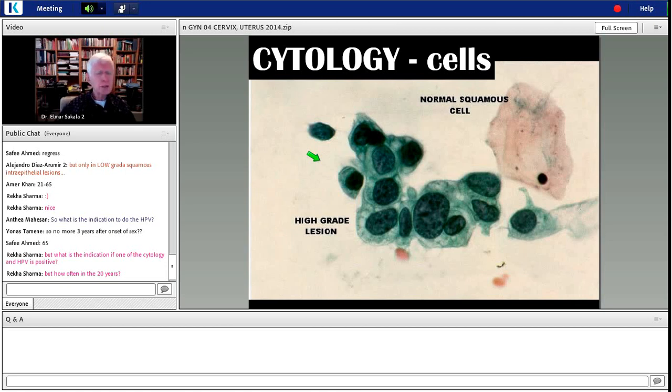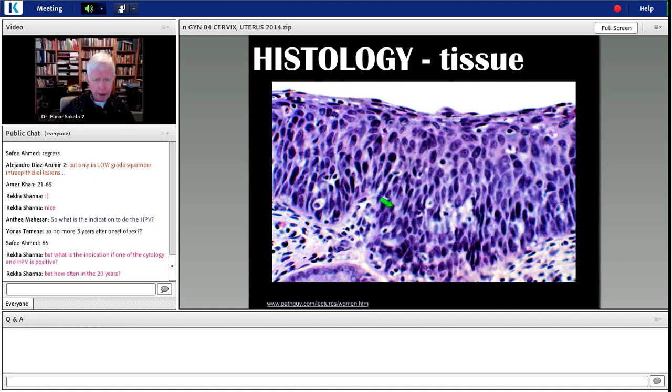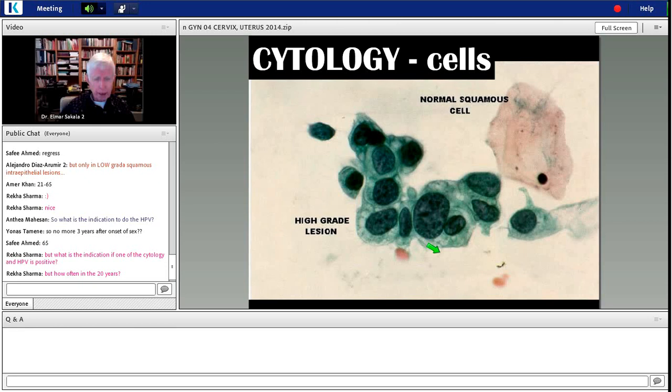It's looking at individual cells, this only looks at surface cells. Are you with me?